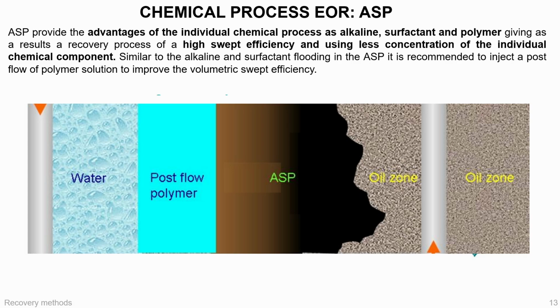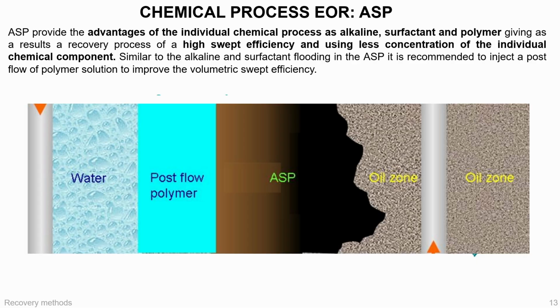ASP stands for alkaline, surfactant, and polymer flooding. This method combines the benefits of each component. Alkaline can react with acidic oil components to generate in situ soaps, surfactant reduces interfacial tension, and polymer improves mobility control and sweep efficiency.